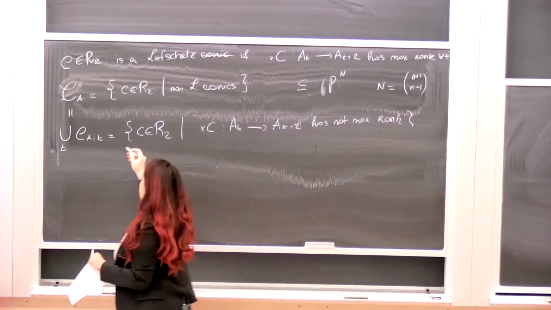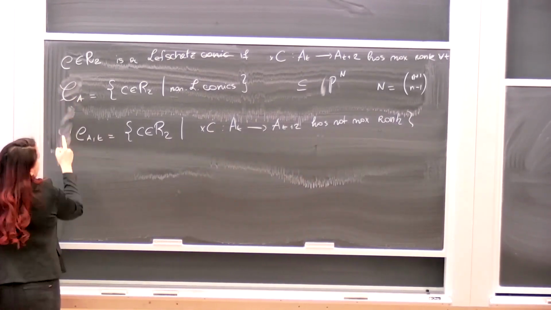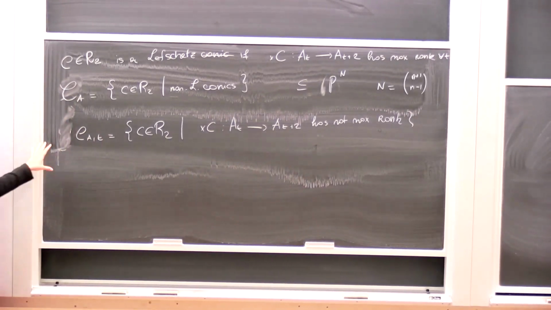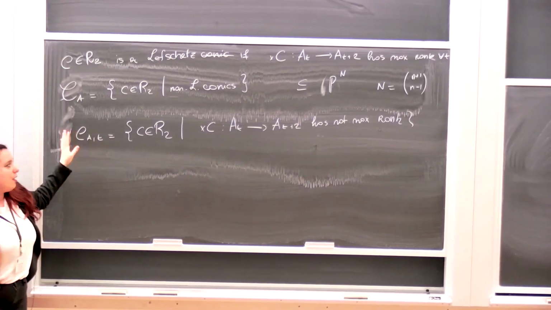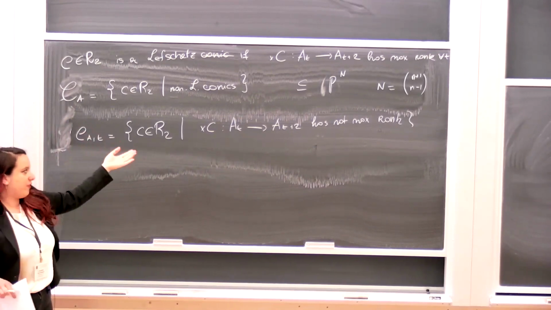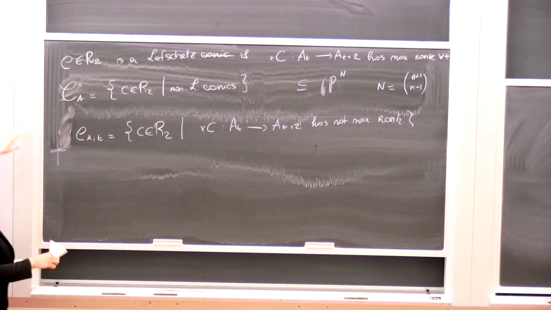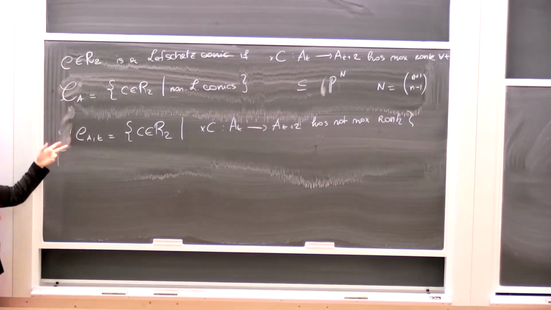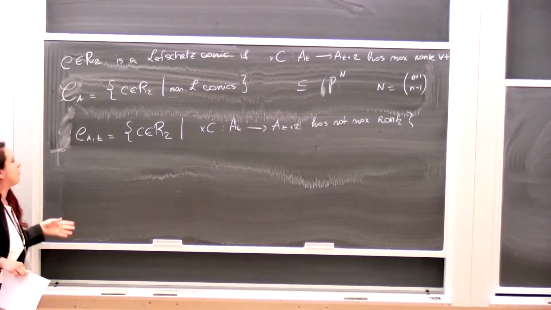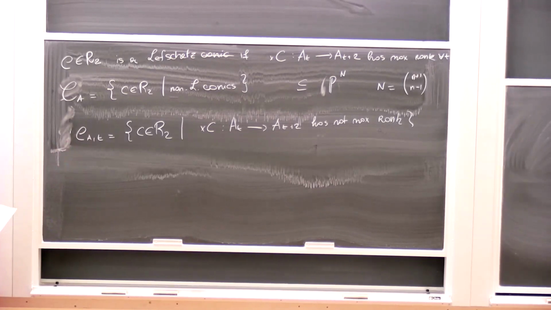So I just check the degree T, and I check where it fails to have maximum rank in degree T, and the non-Lefschetz locus, in this case, is the union of all of these. So let's first define a scheme structure on this one.